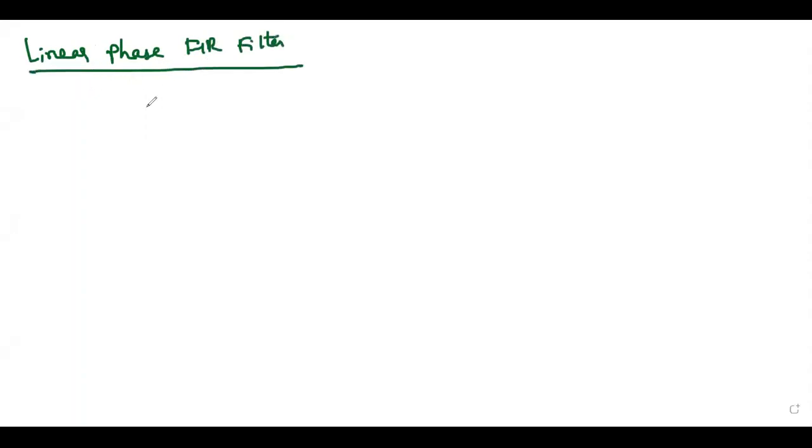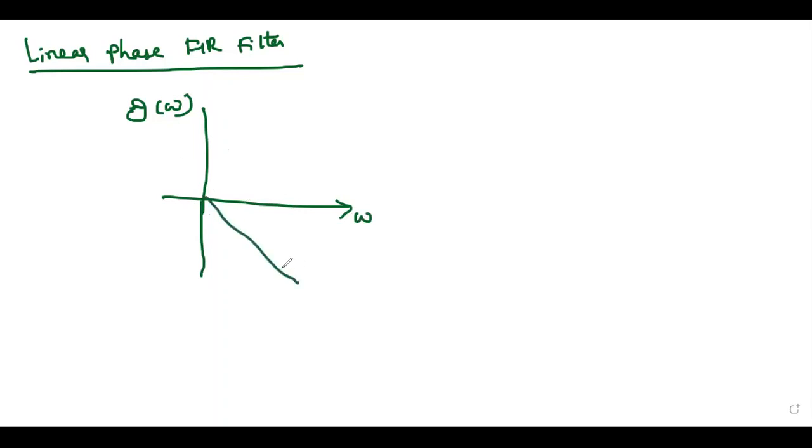A linear phase filter is nothing but a filter whose phase response theta of omega is linear. The phase response is the relation between the phase angle of the filter and the frequency. If the filter shows this kind of response, then you can say this filter is a linear phase filter.